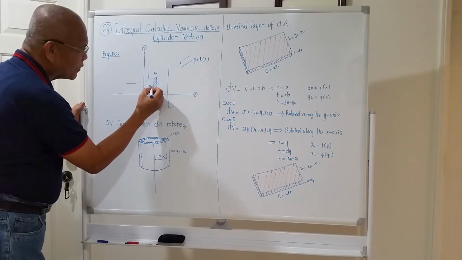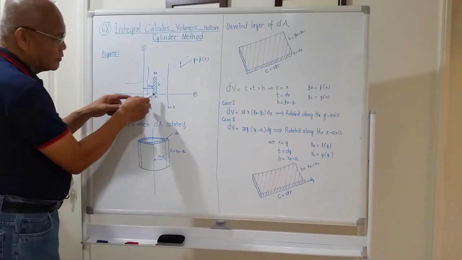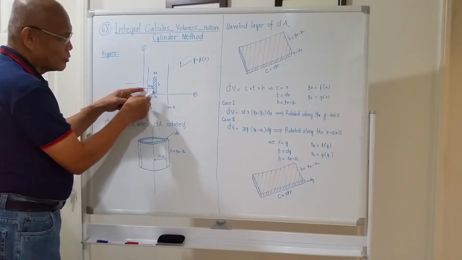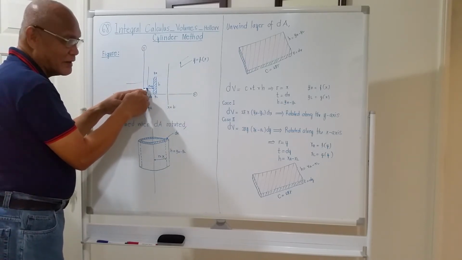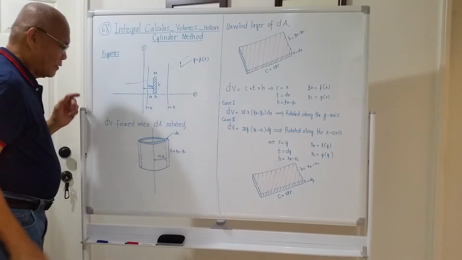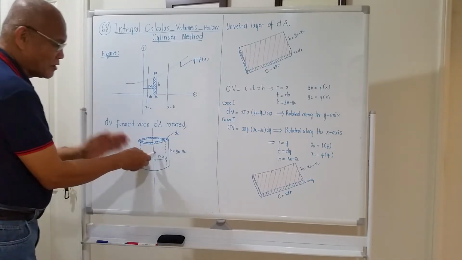And for case number 1, this should be x. Okay? We rotate this differential area, so its distance from the axis of rotation is actually r, and that is equal to x.